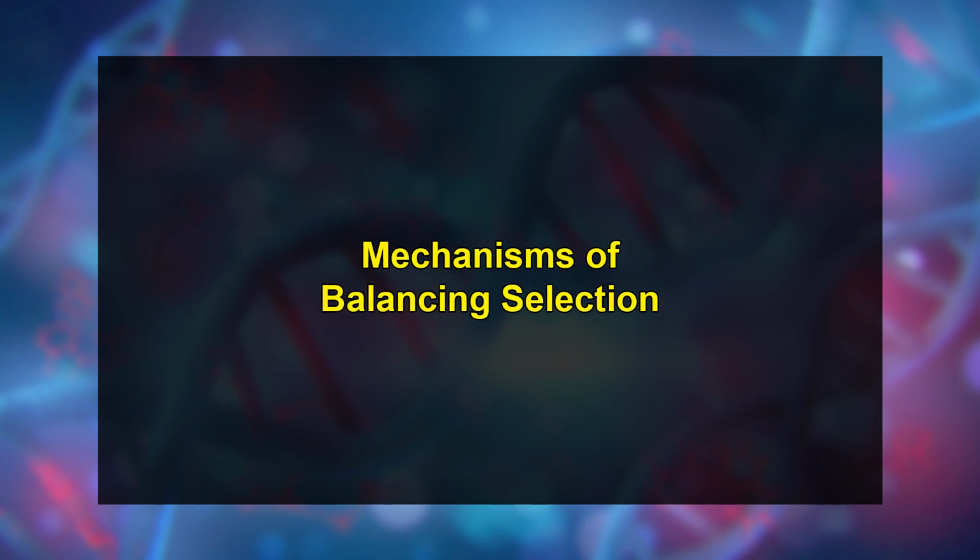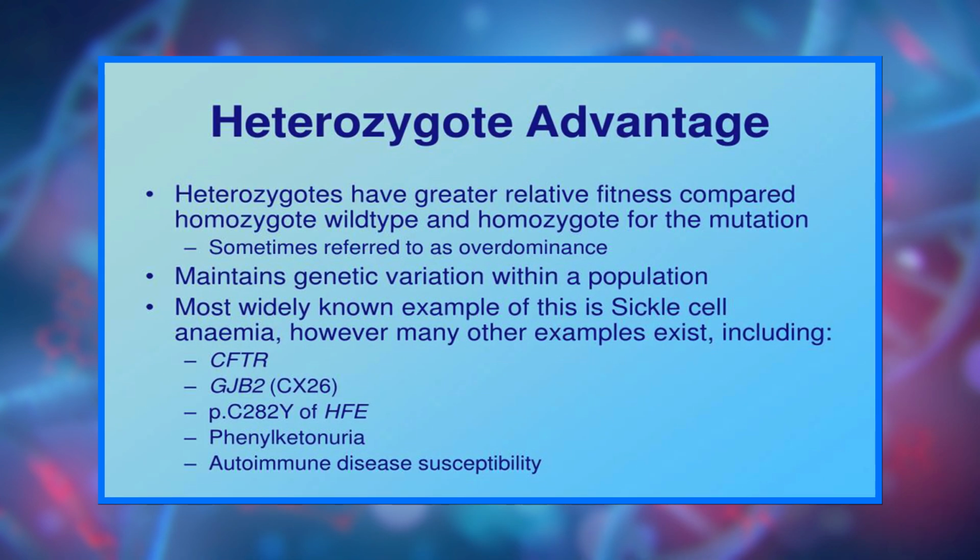Dear students, let's now discuss the mechanisms of balancing selection. Heterosis, or heterozygote advantage: the heterozygote at a locus is fitter than either homozygote.